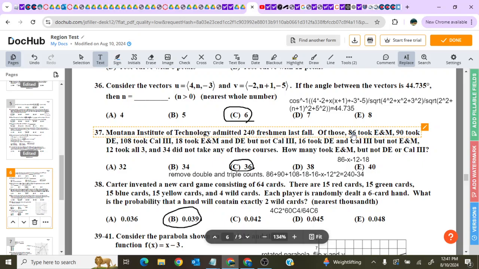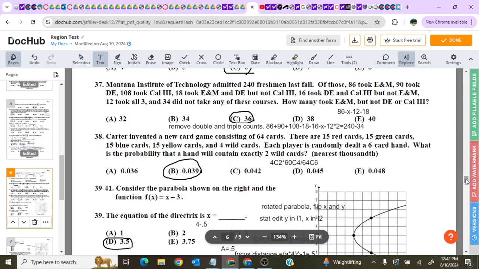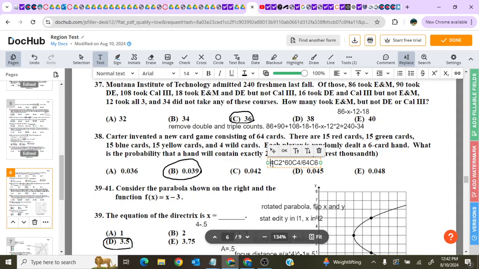38. Carter invented a new card game with 64 cards, 15 cards of each color, 4 wild cards. Each player is dealt a 6-card hand. What's the probability that a hand will contain 2 wild cards? Well, we need to figure out the number of ways there can be 2 wild cards and 4 non-wild cards in your deck.